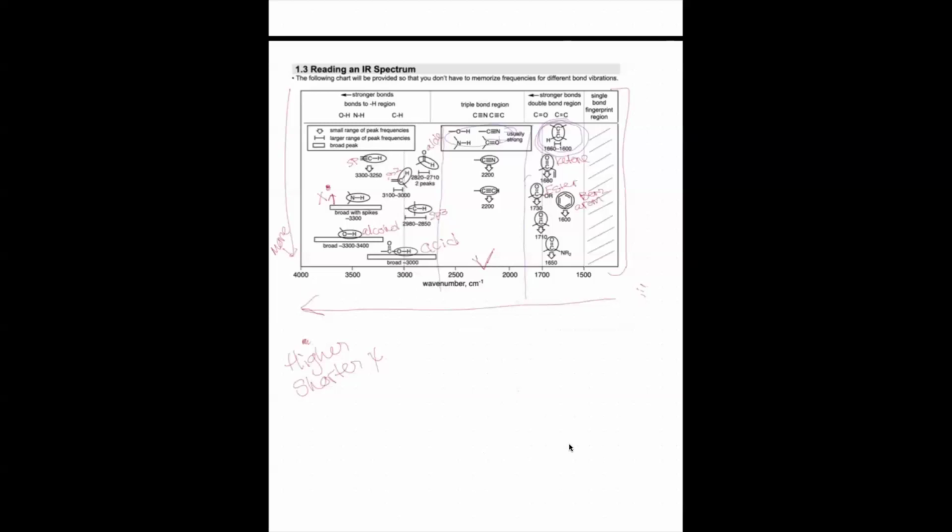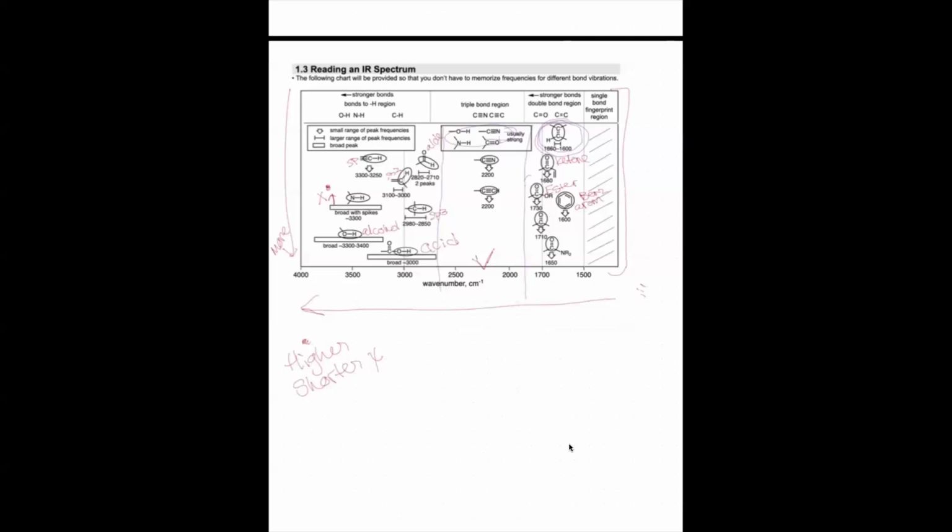Some stuff in the notes is more like getting into the weeds, and you're not going to have to worry so much about that. If you just familiarize yourself with this table on page 12, you will do fine.